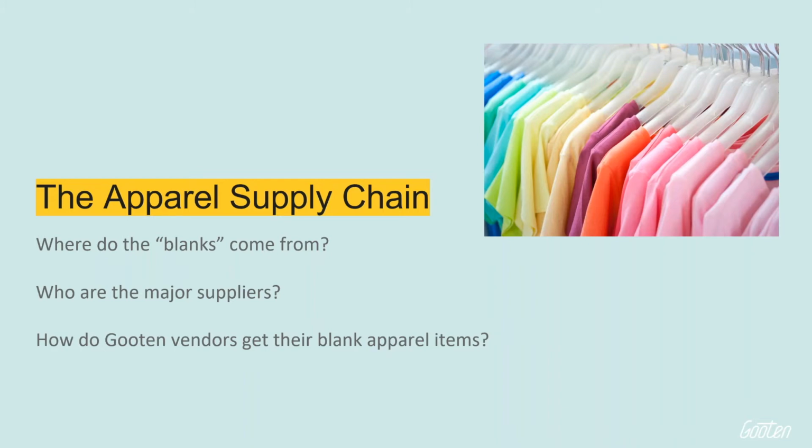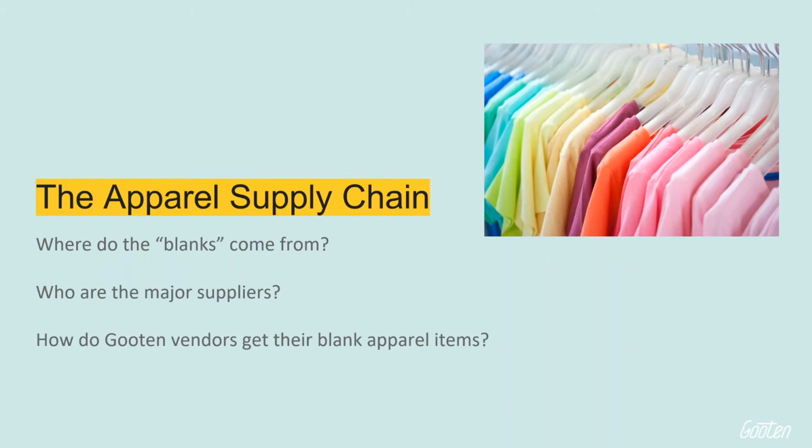Sure. What some of our partners don't realize is that our vendors don't buy blanks from the brands directly. So our vendors actually do not buy blanks directly from Gildan, Bella Canvas, Teltex, but they buy them through the distributor network that the blank companies work with.